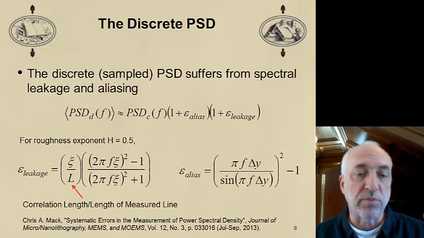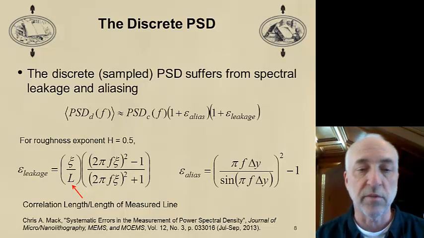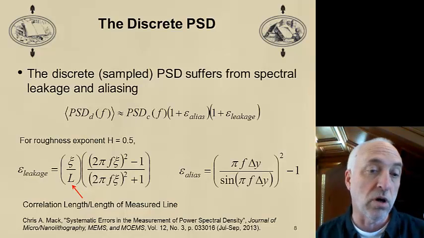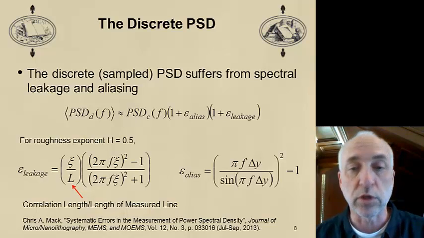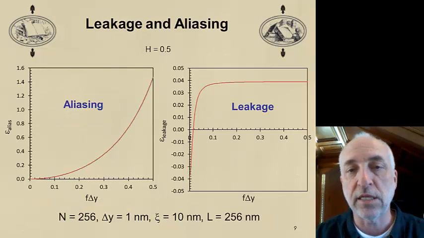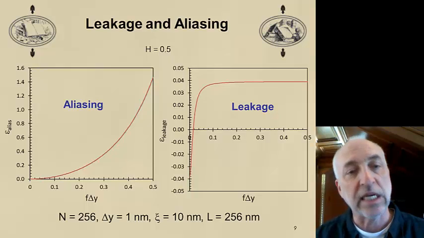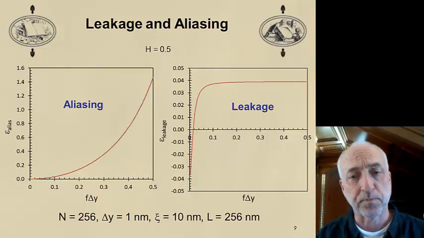And leakage in particular is controlled by the ratio of the correlation length to the length of the measured line. So a longer line, bigger L, will result in less leakage. Here is a plot for the case of h equal to 0.5 of how much aliasing and how much leakage we actually experience.